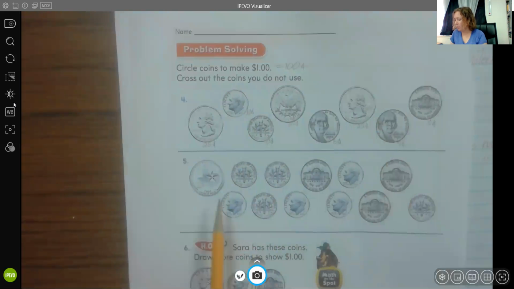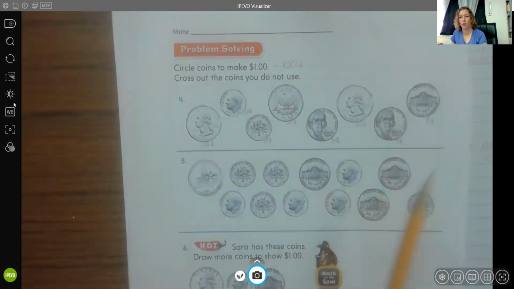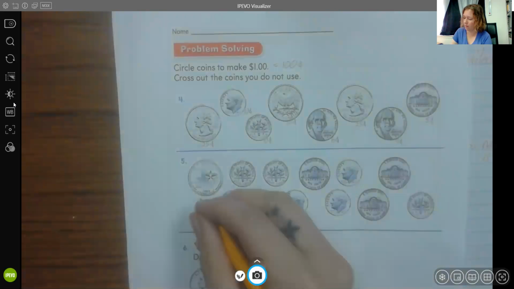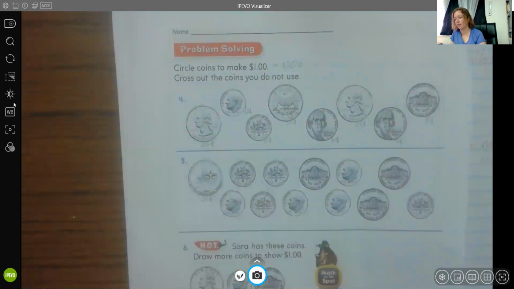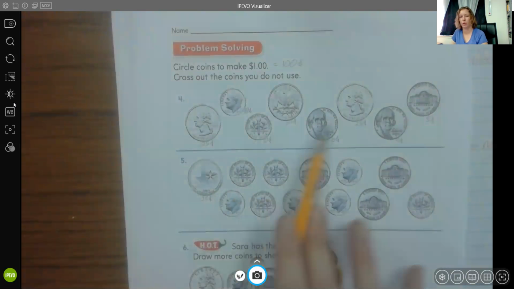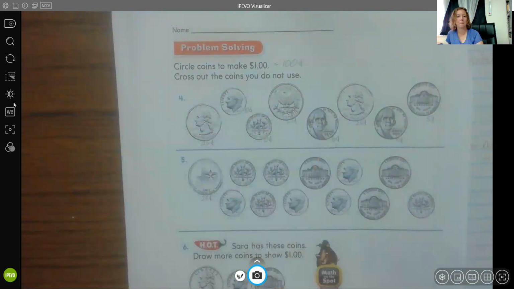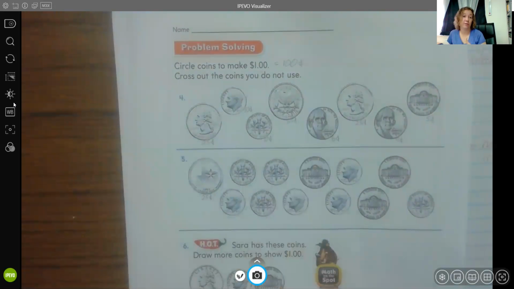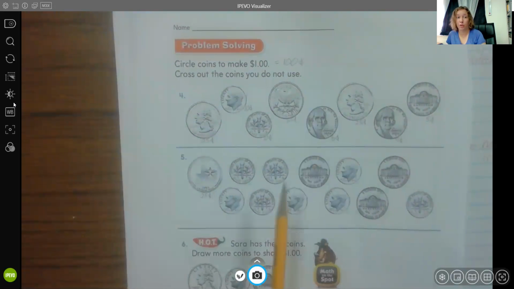Down here, you have quarters, dimes, nickel, dimes, nickels, and a dime. So you have all the same as these. Now this quarter looks a little different, but it's still a quarter. That's 25 cents still, okay? I'm not gonna write in the cents on these since you have the picture up here to look at, okay? You can compare. You can pause the video to compare them if you need to, too.